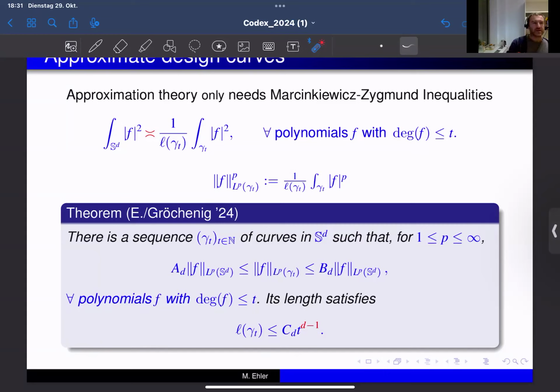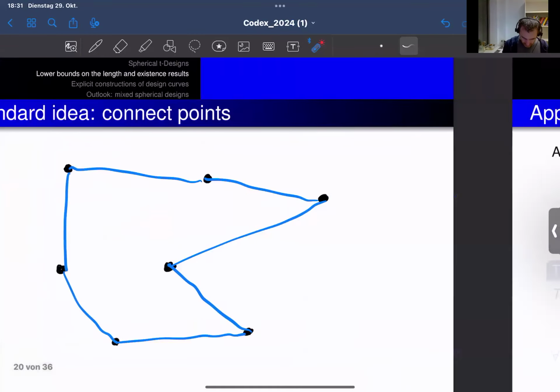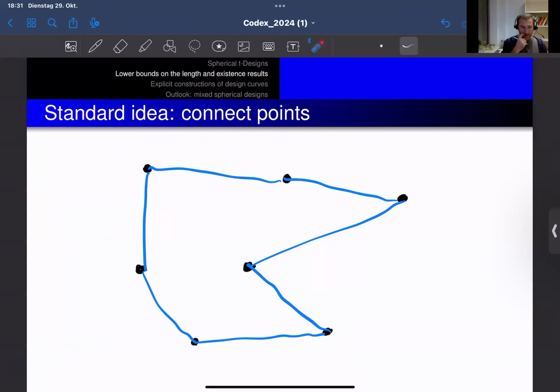So in this setting, there is a sequence. What I should also say is that in the construction of this sequence, we pick very distinct t-design points and connect these points by a curve, not quite like this, but in a similar fashion.